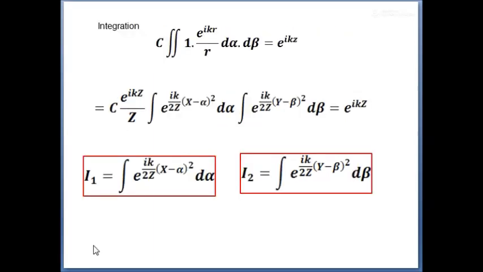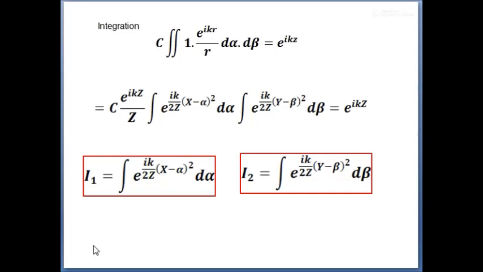Now the value of this integration, see, the integral of f(alpha, beta) equal to 1, e to the power ikr by r d alpha d beta, equals e to the power ikz. That is the approximation taken at the initial stage to calculate c.